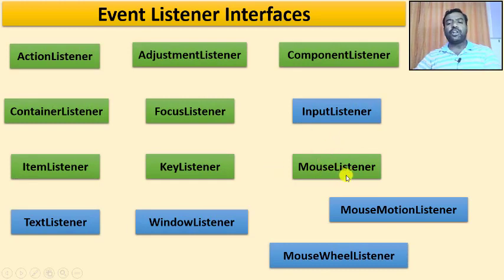Along with the mouse listener, I can have 2 more listener interfaces: the mouse motion listener and the mouse wheel listener. With mouse input, you will not only concentrate on whether you click a button, release a button, or drag a button. If I want to capture the motion of the mouse, I use the mouse motion listener, and if I want input from the wheel of the mouse, I use the mouse wheel listener.